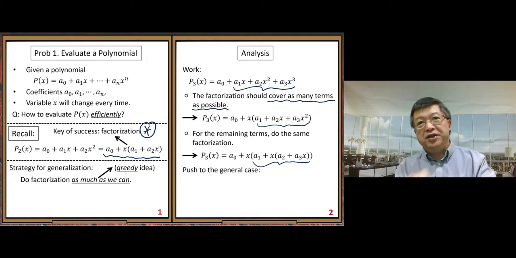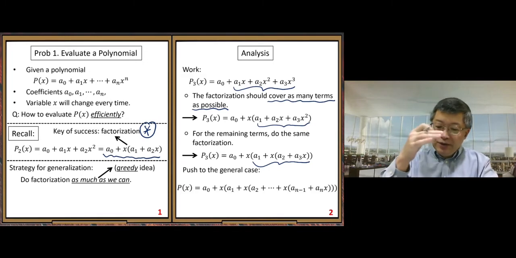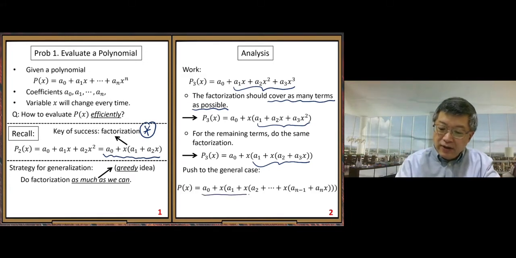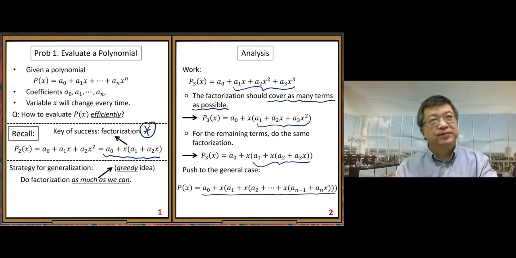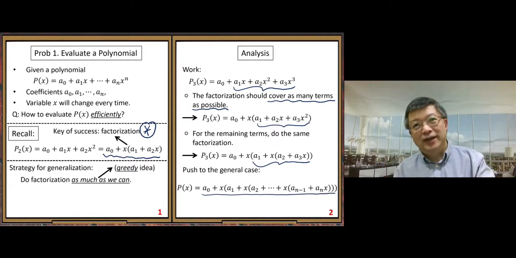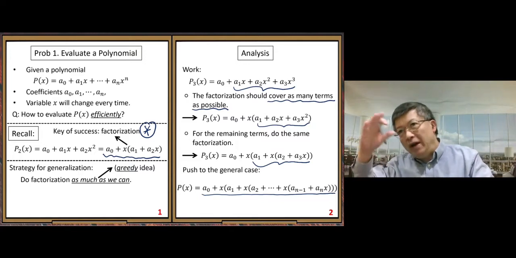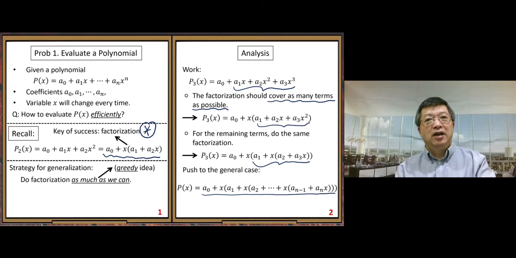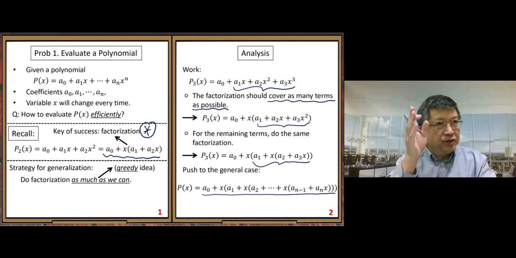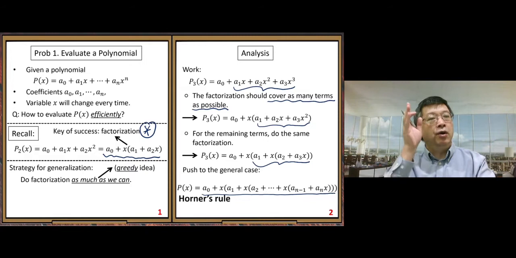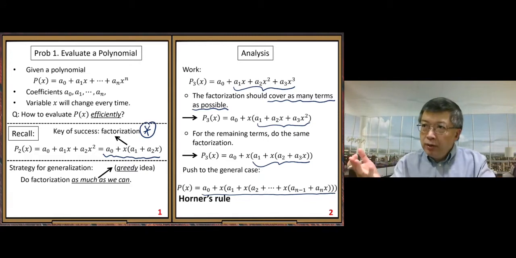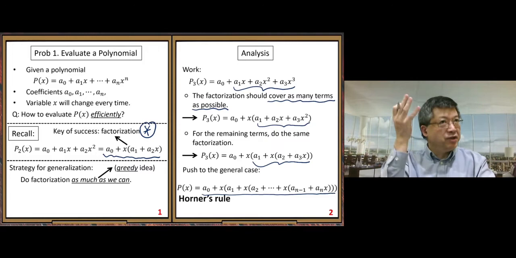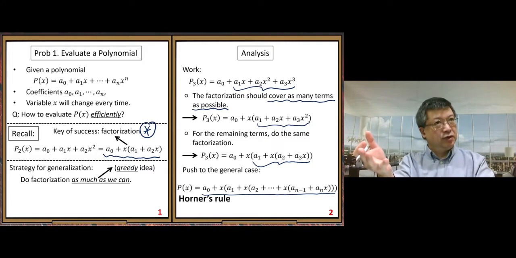Push to the general case. Do factorization in this way, step by step, level by level, from beginning to end. Finally, we get this structure. That is Horner's rule. That's the so-called Horner's rule. Very simple, very smart. The result is really good. We will see the excellent result soon.